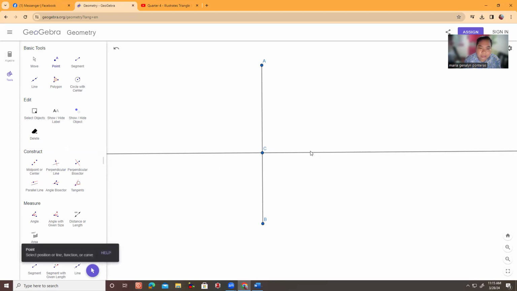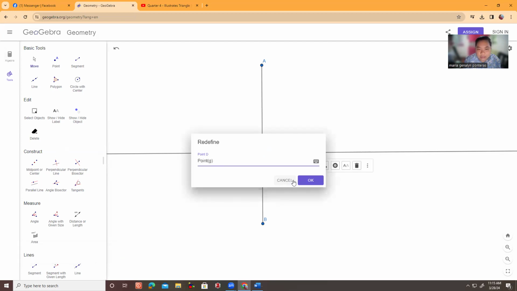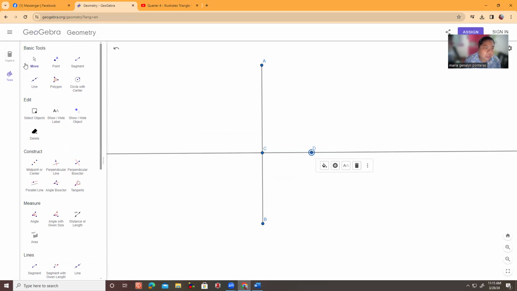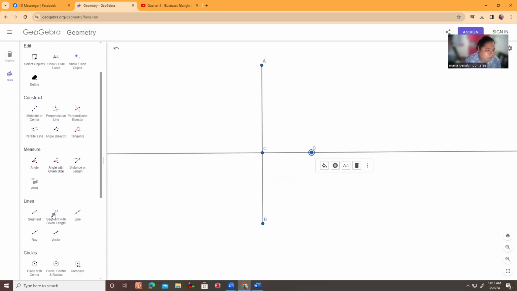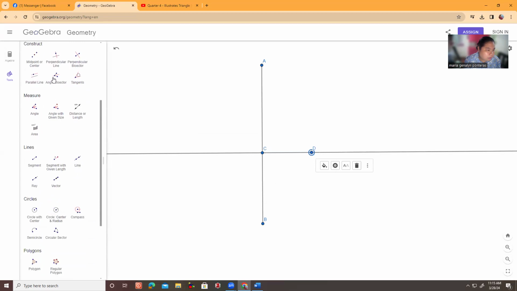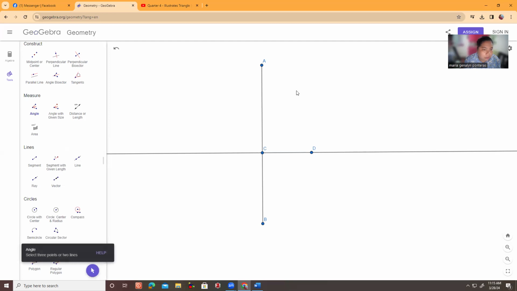So, the next thing we're going to do, let's find out the angle measures. So, let's say point two. We want an angle measure. So, we want this angle. Select 3 points or 2 lines.